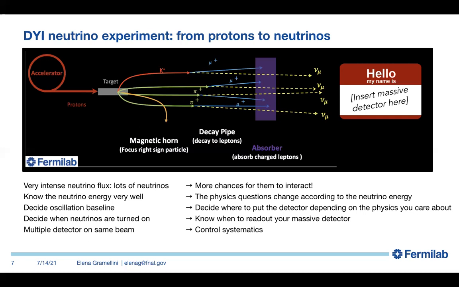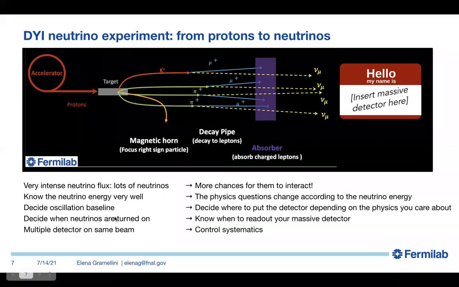Usually you shoot 10 to the 20, 10 to the 21 protons on target in order to have thousands of neutrino interactions in your detector. This is roughly the proportions, the numbers we're talking about.